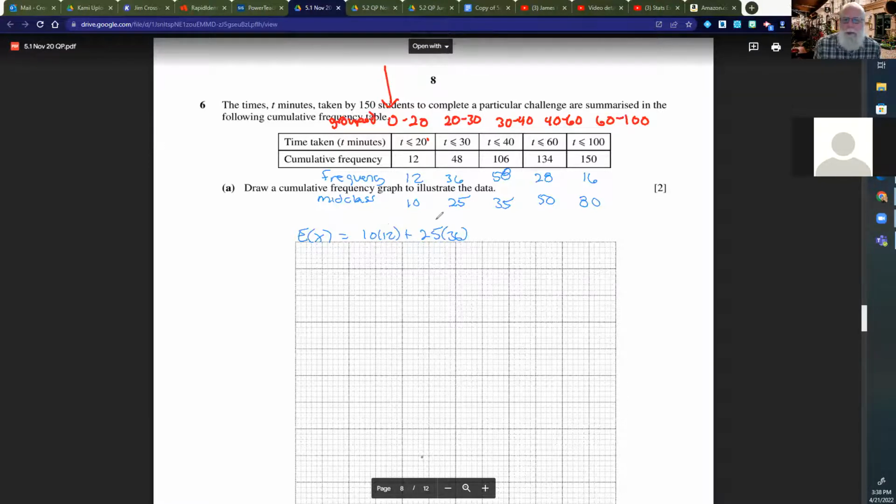All right, so again, I have 25, but there were 36 of them. So I'm multiplying it by 36. I've got 35, but I have 58 of them.